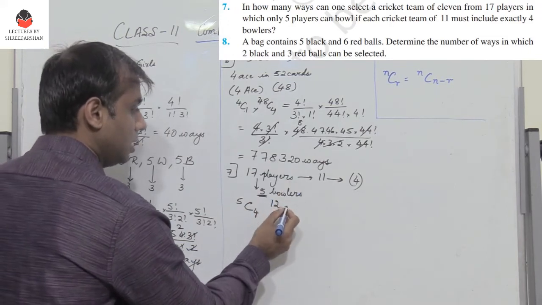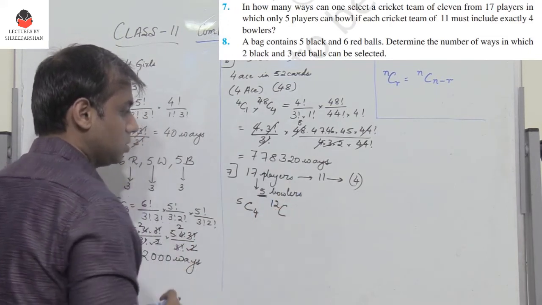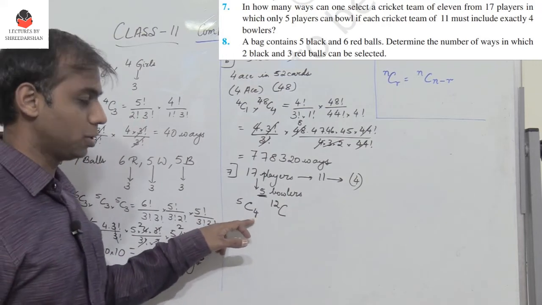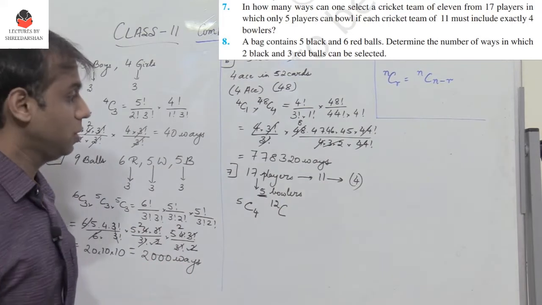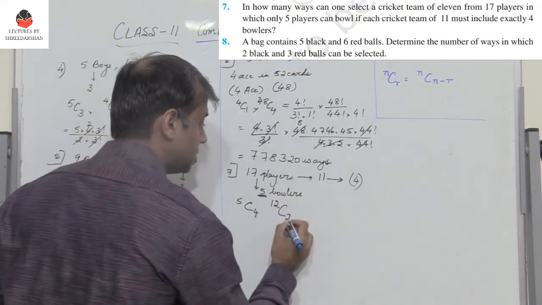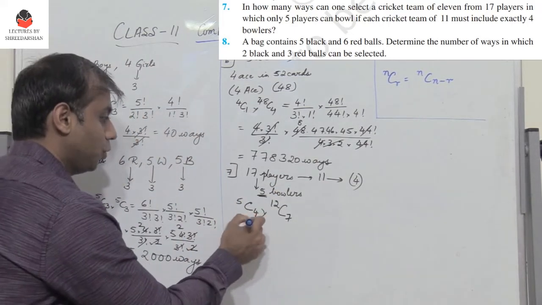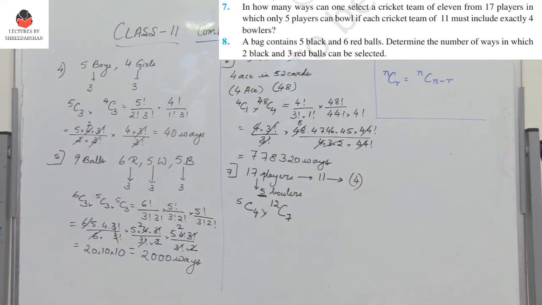So it's going to be 12C. Here I've already selected 4, right? So the team consists of 11 players. So it has to be 7. So 5C4 into 12C7.